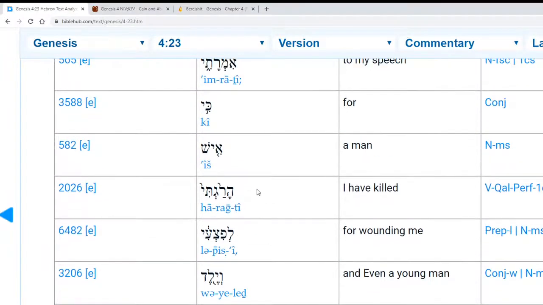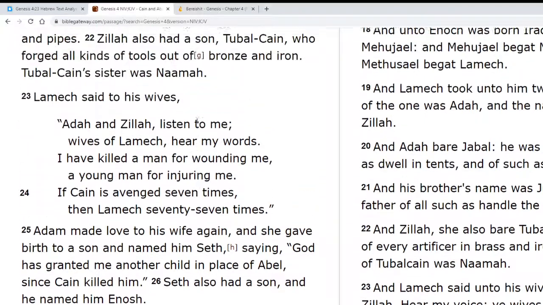So they're translating Ish haragti lepitzi: I killed a man for my wounding. Veyeled, and a child, and a young man. Yeah, yeled can mean kind of like a baby because it comes from to give birth. Lechaburati, for wounding me. Let's see what NIV says.